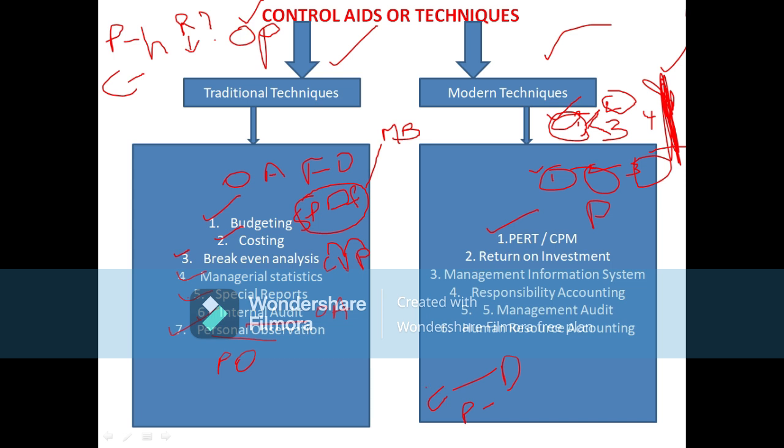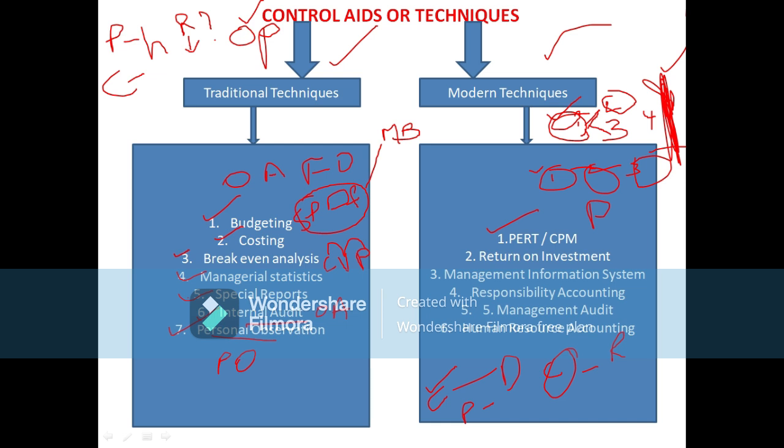That is, reducing the cost, through optimally maximum utilization of resources. At that time, the CPM method is used.